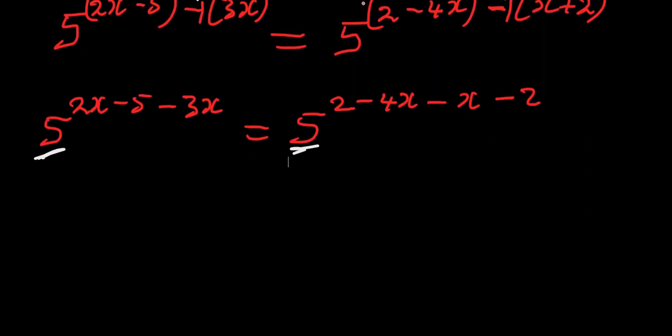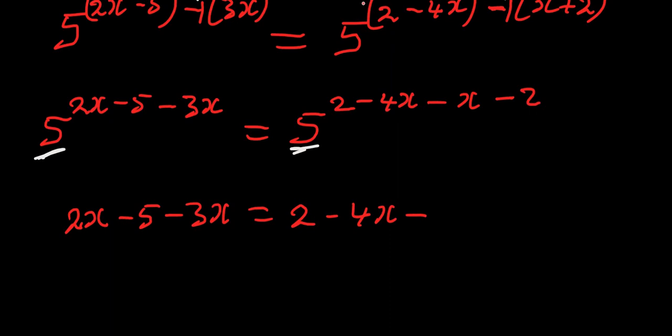If we want to equate the exponents, if you look at it very well, you have 2x minus 5 minus 3x. Let's just write everything down before we simplify: 2x minus 5 minus 3x equals 2 minus 4x minus x minus 2. At this point, we can combine like terms.